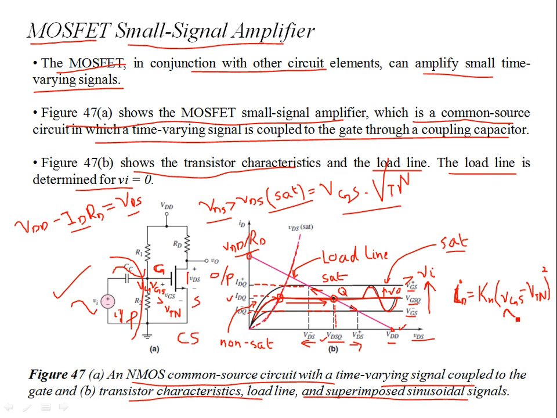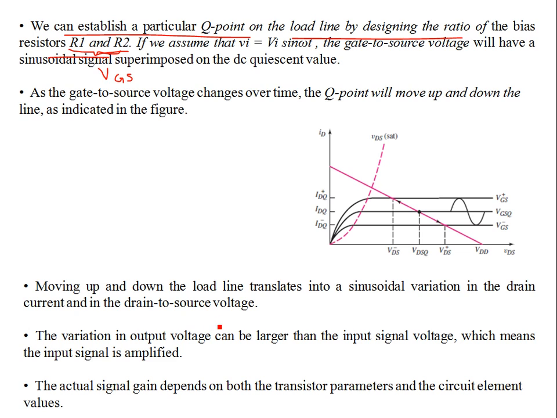If this term is sinusoidal, then of course for the constants Kn and VTN, you're going to have a sinusoidal, time varying ID, or you can say time varying VDS. Because a time variation in ID is translated into the time variation of VDS, you have an output signal whose amplitude could be greater than VI, the input AC signal. That's how you amplify the signal in saturation region.